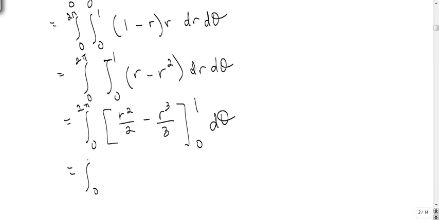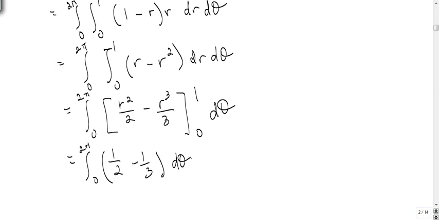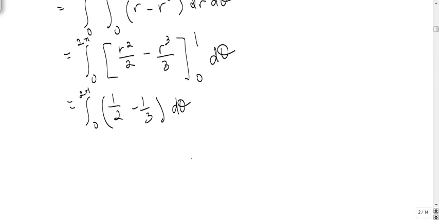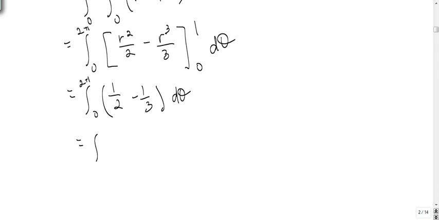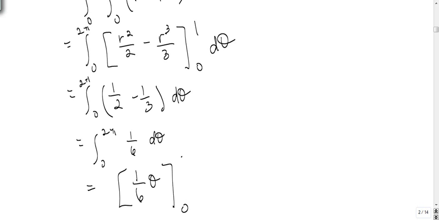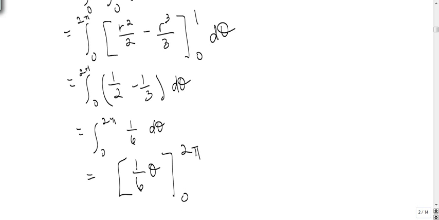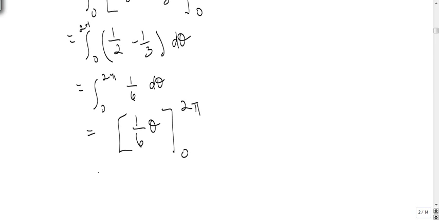Substitute 1, you get a half minus 1/3 d theta. A half minus 1/3 is 1/6 d theta. Integrate 1/6 theta from 0 to 2 pi, and then this gives me 1/6 times 2 pi, which is pi over 3.